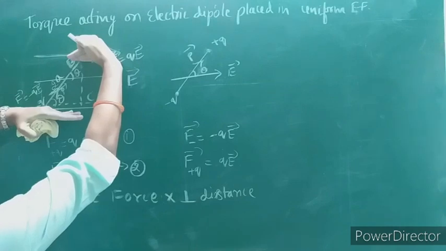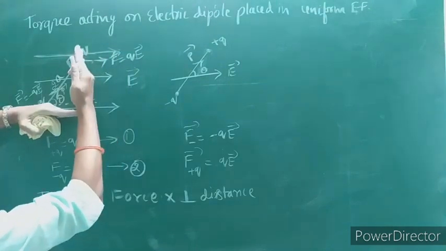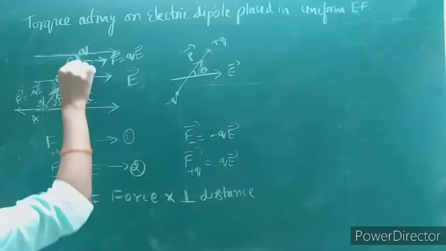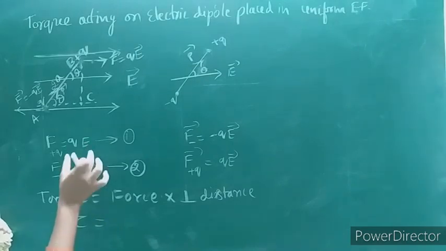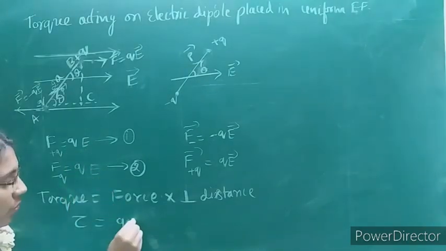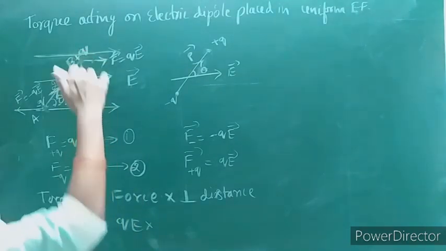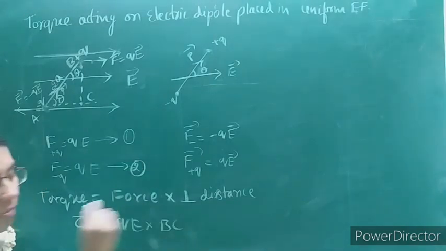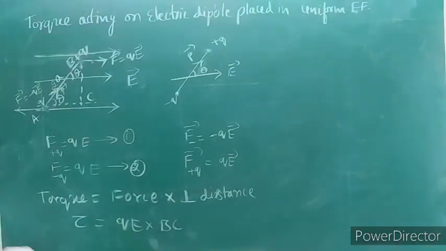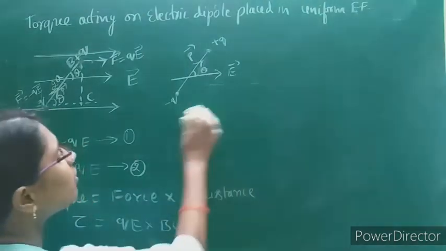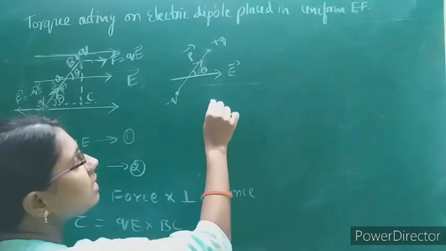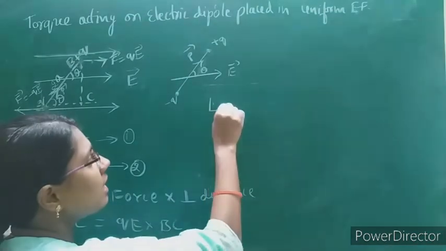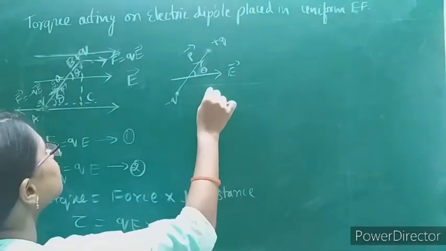These two are the forces. The perpendicular distance between them is, see here, BC, right? So torque is given by tau equal to force, and any one force value is qE, into the perpendicular distance BC. Now we need to find the value of BC. In order to find BC, consider the right angle triangle BCA.